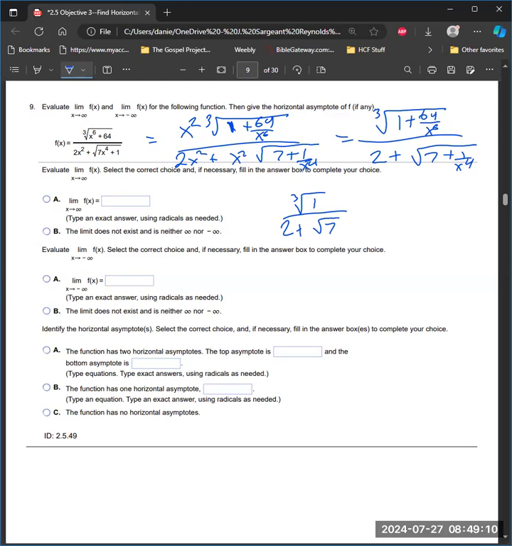And it's going to be the same on both sides. That's 1 over 2 plus square root of 7, top and bottom, like that. So there's one horizontal asymptote at y equals 1 over 2 plus square root of 7. I'm not worried about rationalizing that.